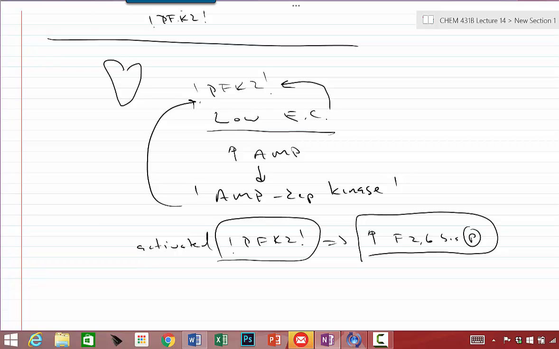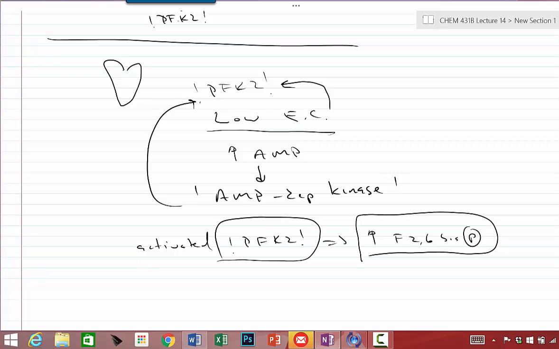Protein kinase A will then phosphorylate this phosphofructokinase 2, okay? And in doing that, it converts it to actually a phosphatase, okay? And what happens is that you get lower levels of fructose 2,6-bisphosphate.